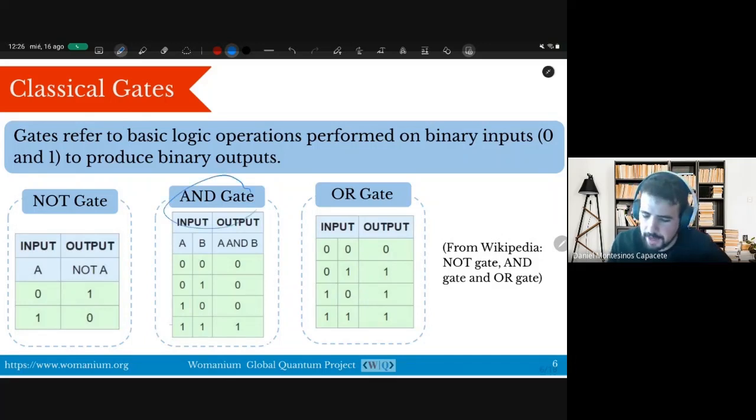So, for example, the AND gate is a little more complicated, not that much anyway. You get two inputs, in this case A and B, and in order for this to be one, both of them need to be one.